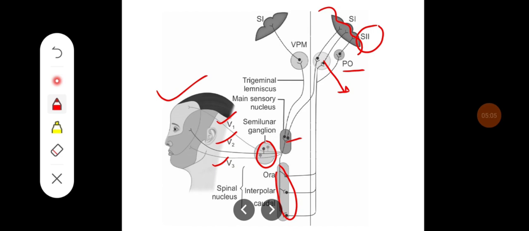And some of the fibers from the chief or main sensory nucleus have ipsilateral pathways which go to the ipsilateral side of the cerebral cortex.